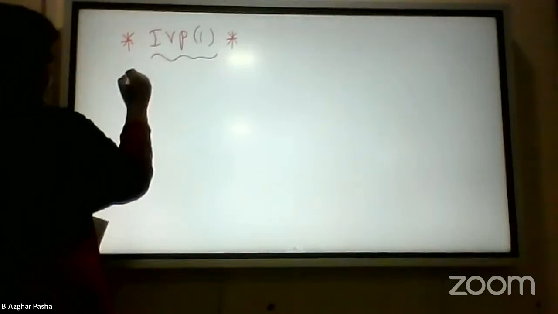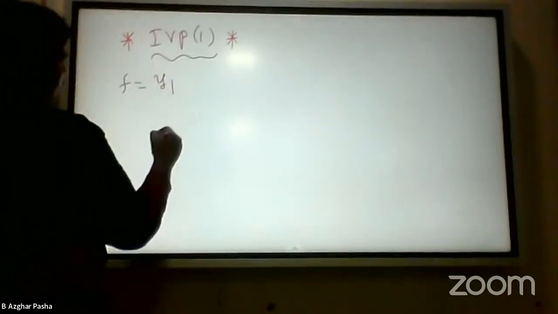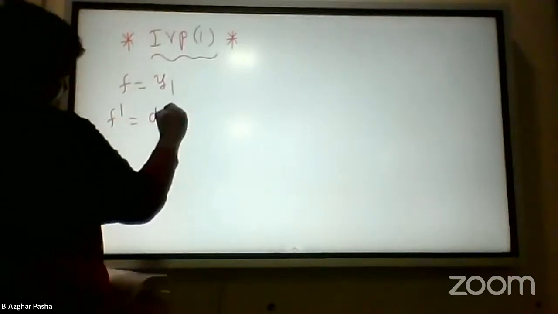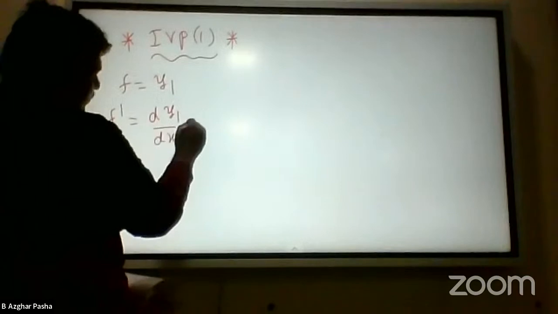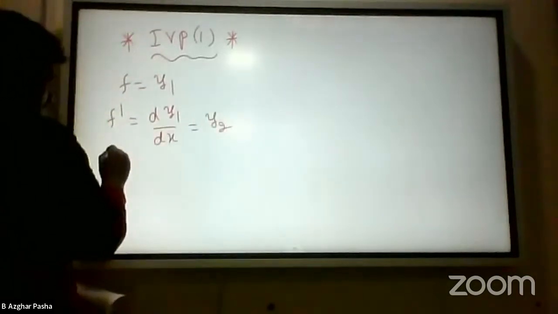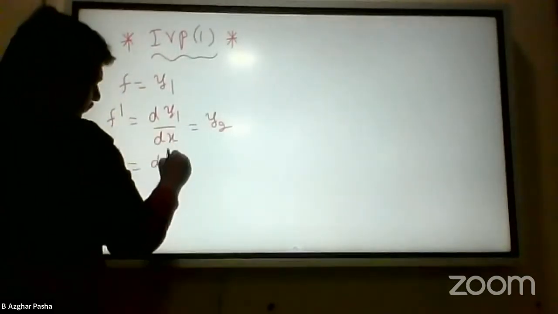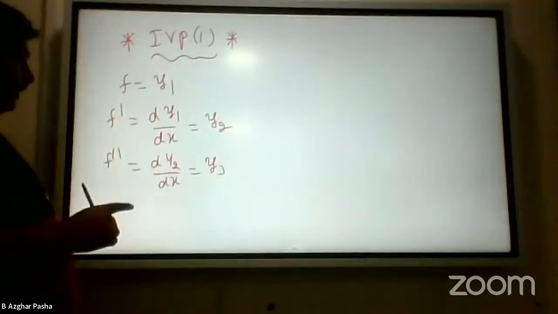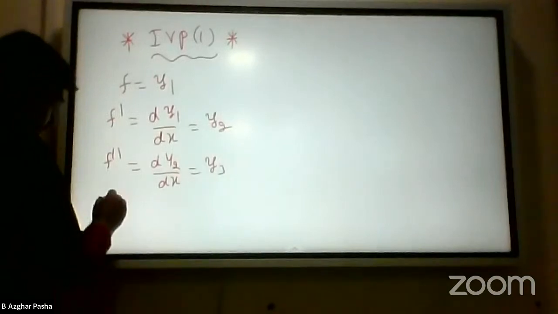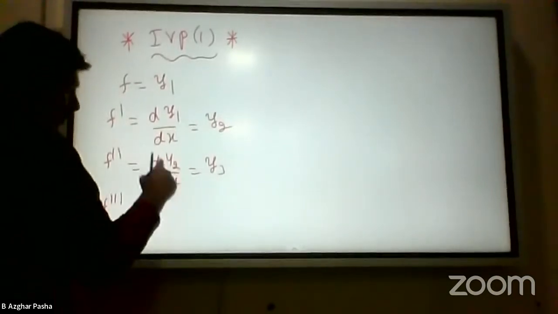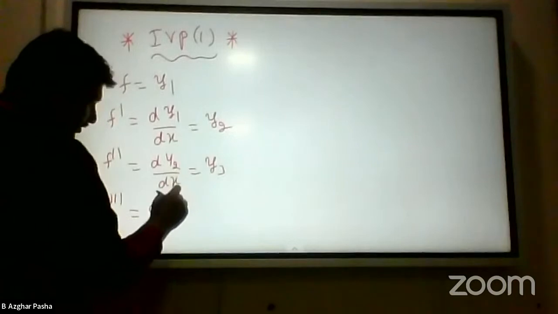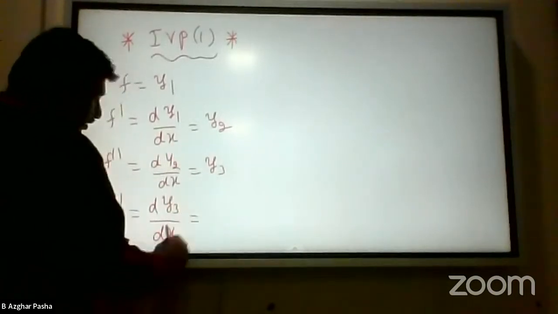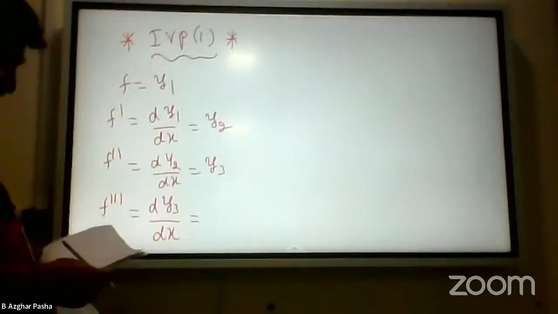I have already written f as y1. f dash is the derivative of y1 with respect to x, which is y2. f double dash is the derivative of y2 with respect to x, which is y3. f triple dash is given, so I will not call it y4, it is dy3 by dx only, which is equal to f1.